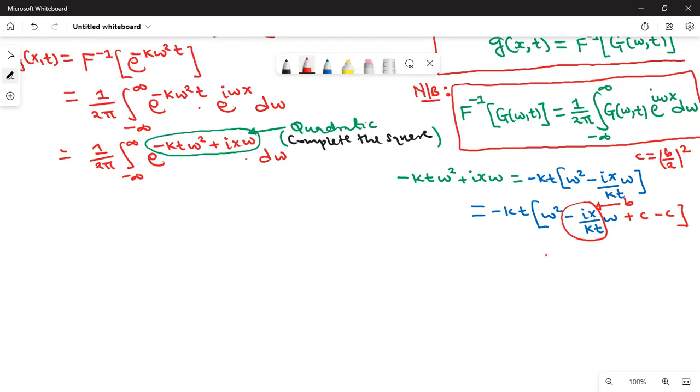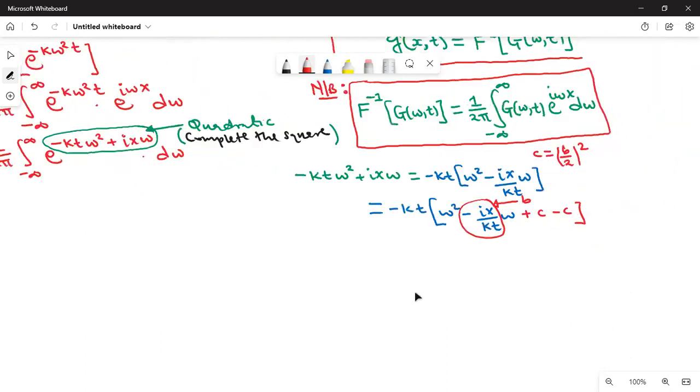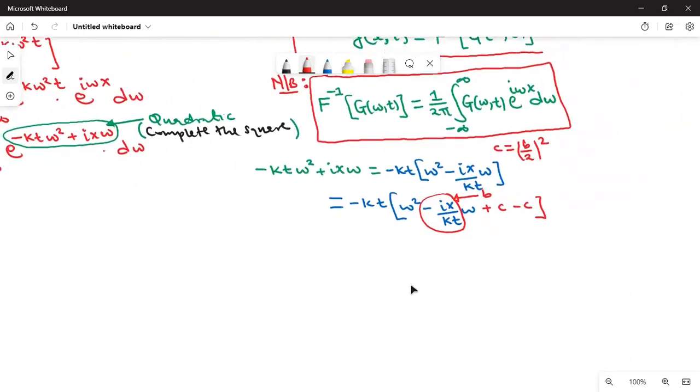So b over 2 squared will now be equal to negative ix over 2kt, and this is supposed to be squared, which is the same as negative i squared x squared over 4k squared t squared.